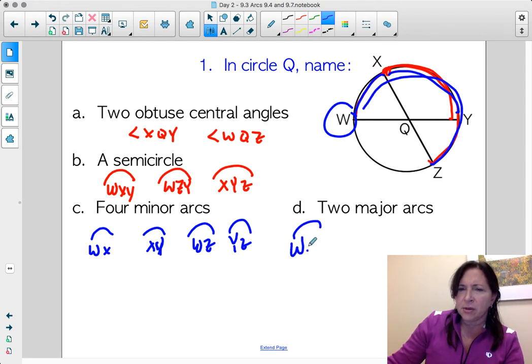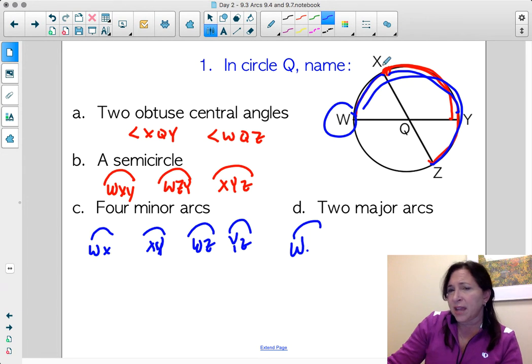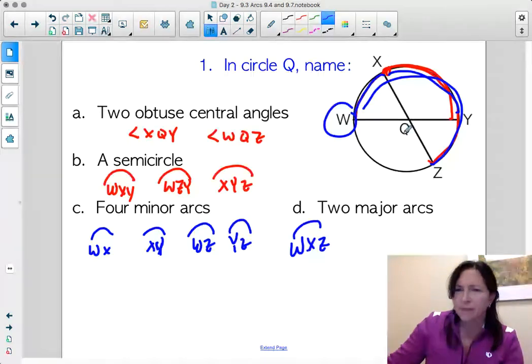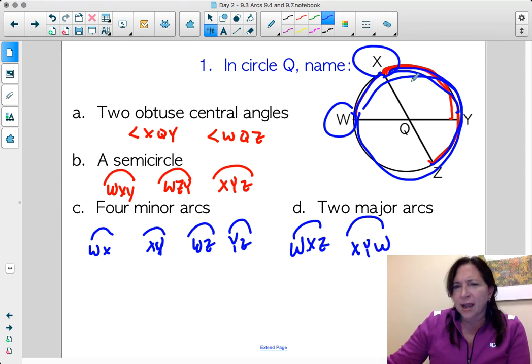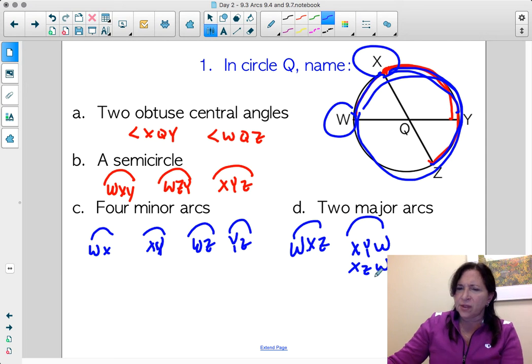It'd be W, and I can either say X or Y, so I'm just going to say X and then Z. I could start here at X and say X, Y, W. And remember that I also could say X, Z, W. That's the same thing; that arc is the same measure as the top one, but I just said them differently.